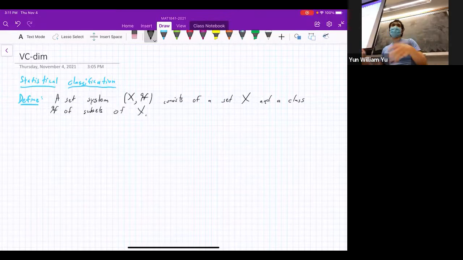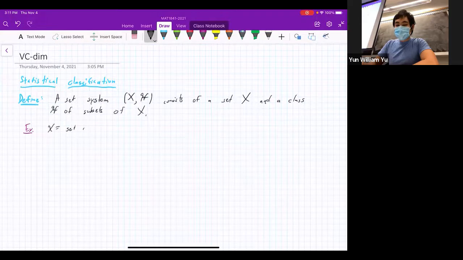Okay, and so you might be starting to make connections between this and other concepts you've seen in mathematics, but for our purposes, we're going to keep it pretty grounded in more applied things for now. So for example, X could be the set of all possible emails.